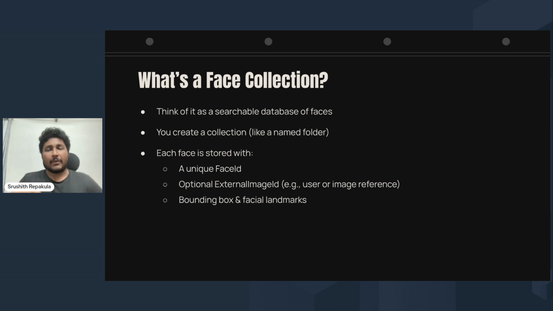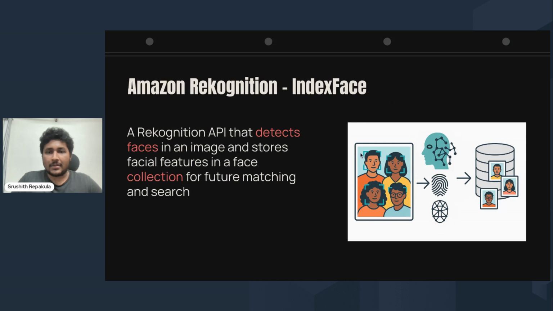There's a reason why I have mentioned it here. I will be talking about this when we cover the optimization and performance part of the presentation. It also tells you where exactly the user is in the image. There's a bounding box. Here you can see this is the bounding box. It can tell you the coordinates of the face in the image. So if you want to plot that this is the face identified in this image, you can do that.